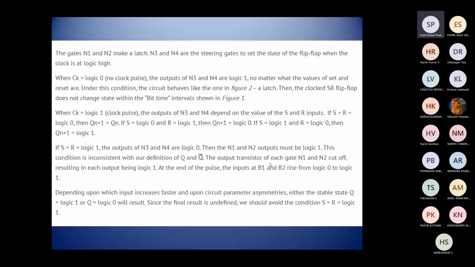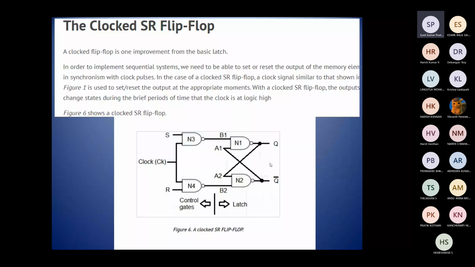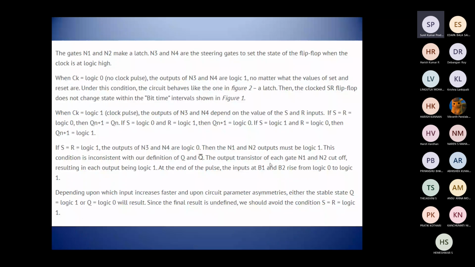Depending upon which input increases faster and upon the circuit parameter asymmetries, either the stable state Q equal to logic 1 or Q equal to logic 0 will result.